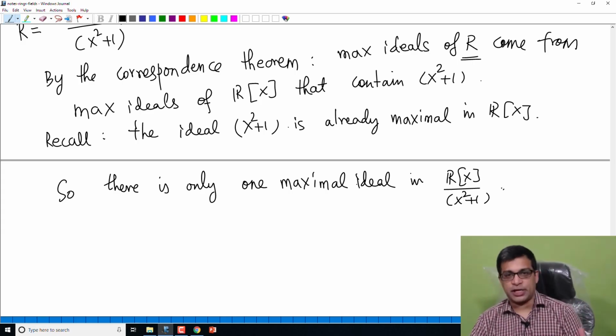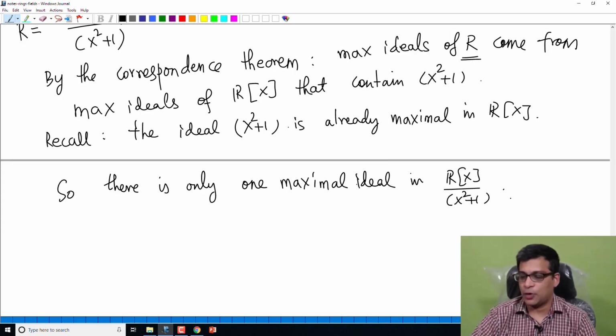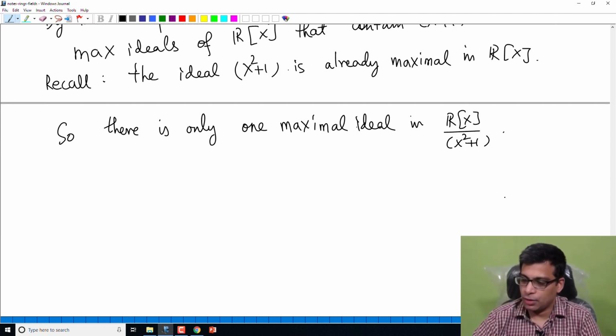Right, so I have skipped a step here. The maximal ideals of R[x] mod x squared plus 1 are in bijective correspondence with maximal ideals of R[x] that contain x squared plus 1. But there is only one maximal ideal in R[x] that contains x squared plus 1. So there is exactly one maximal ideal in R[x] mod x squared plus 1.